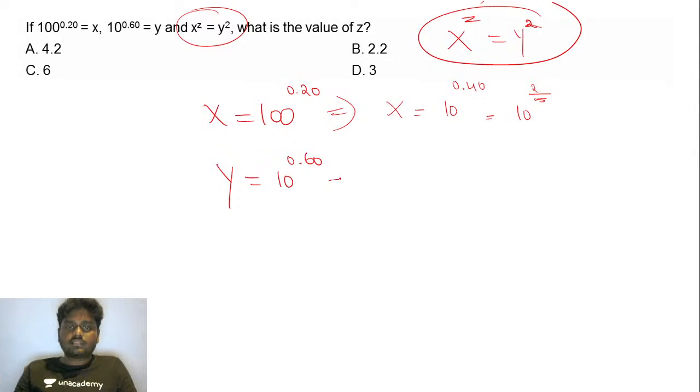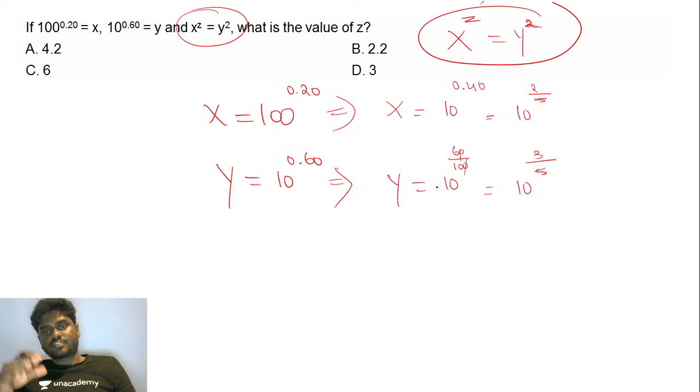Right? In the same way, y is equal to 10 power 0.60, which can be written as 60/100. The 0 goes out, you'll be getting 10 power 3/5. So we've got the value of x to be 10 power 2/5 and y to be 10 power 3/5.